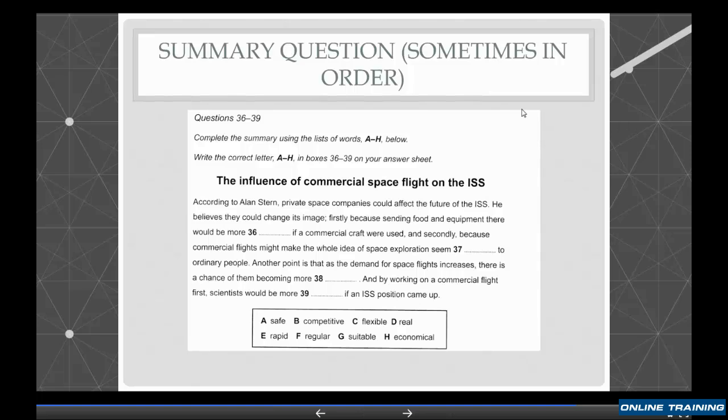Sometimes they'll give you possible answer choices in a box, and sometimes they won't. But you basically have to handle it like a fill-in-the-blank question, but you have to be aware that it does not go in order a lot of times, and this can make it difficult because they're just taking different sentences from different paragraphs, smashing it together, and creating a summary. So that's what you have to think about with this question.